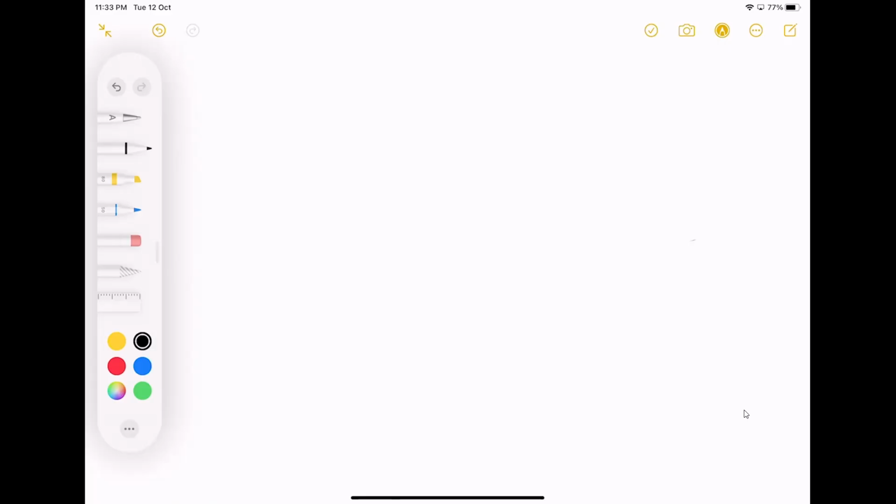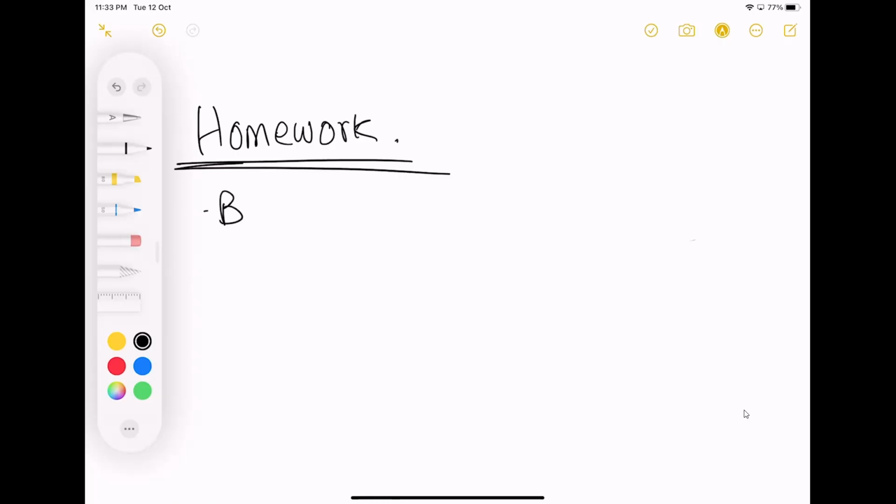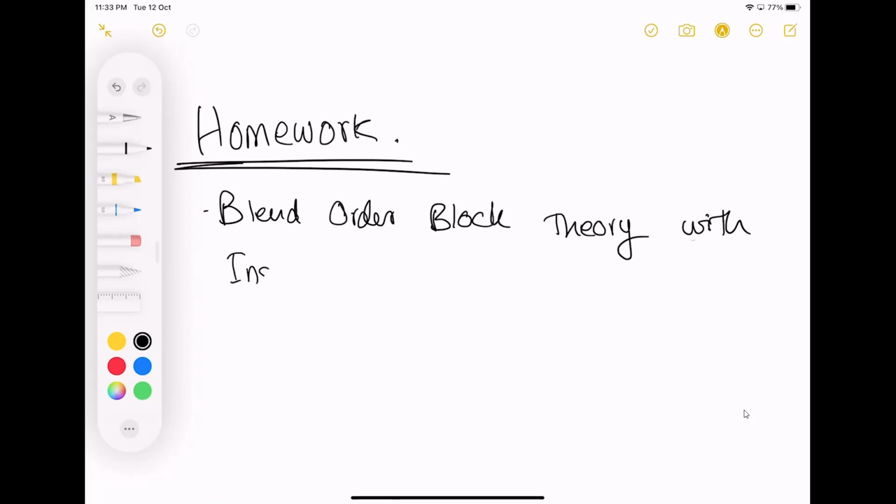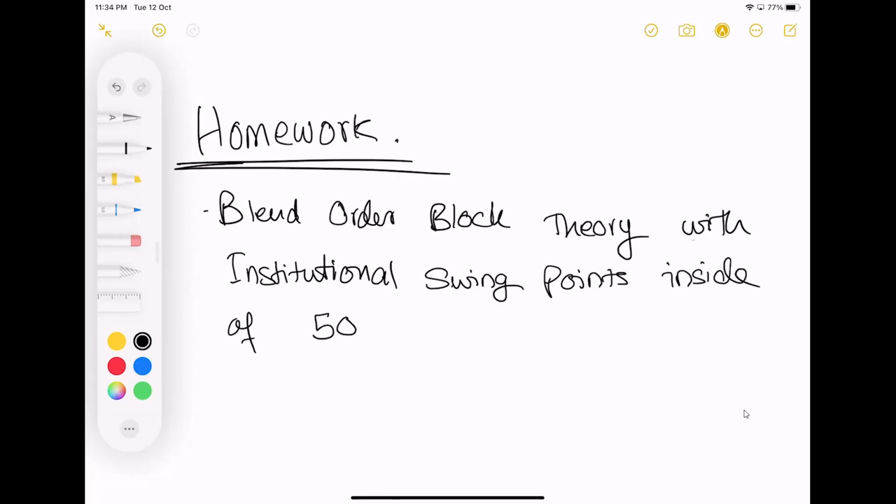Here's the homework: blend order block theory with institutional swing points inside of 50 examples.